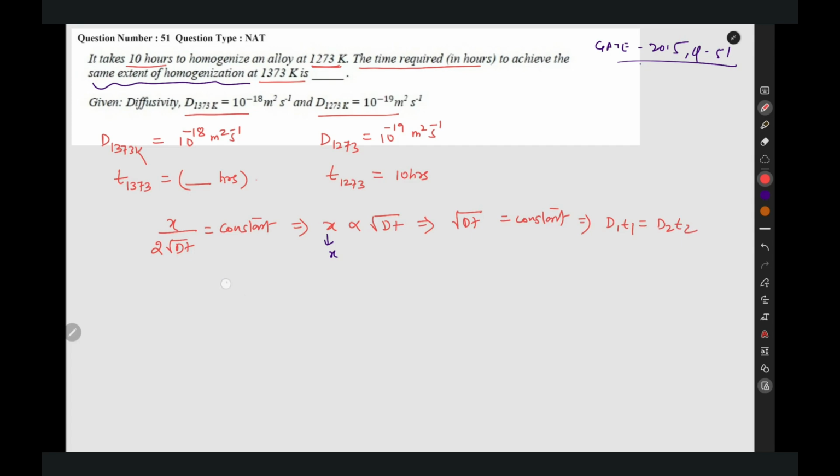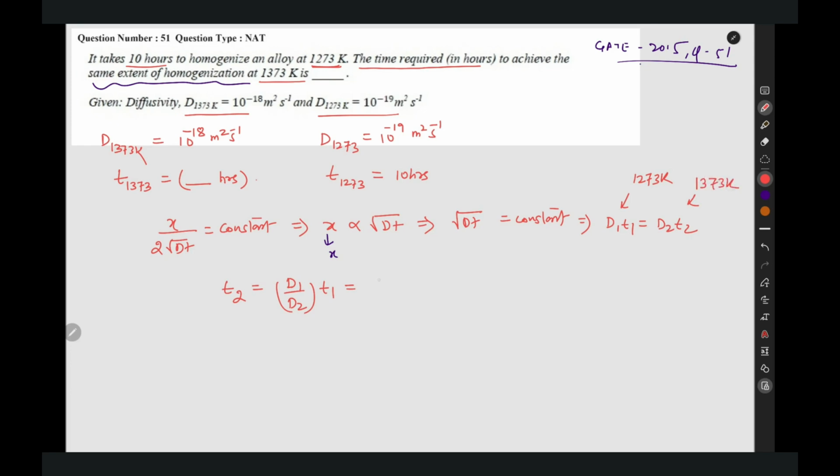We have to determine the time for second homogenization, so it will be t2 equal to D1 by D2 into t1. So after putting up the values, 1 is for 1273 Kelvin and 2 is for 1373 Kelvin.